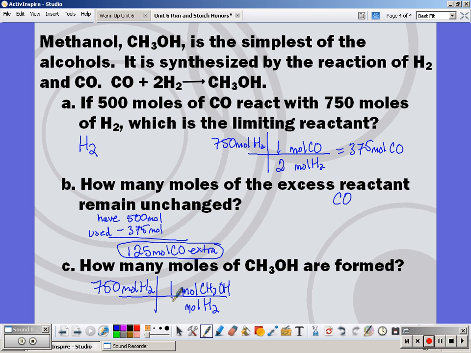Now I'm at moles of my product, which is what I was looking for, so I'm actually done here, and it's 375. Now, why is the moles of my product the same as the moles of my excess used? And that's simply because the mole ratios were the same. It's not always going to be the same.